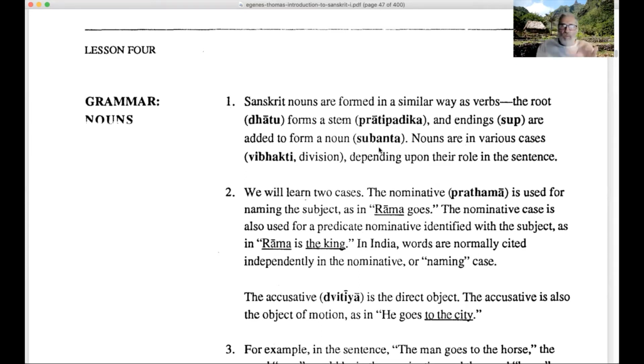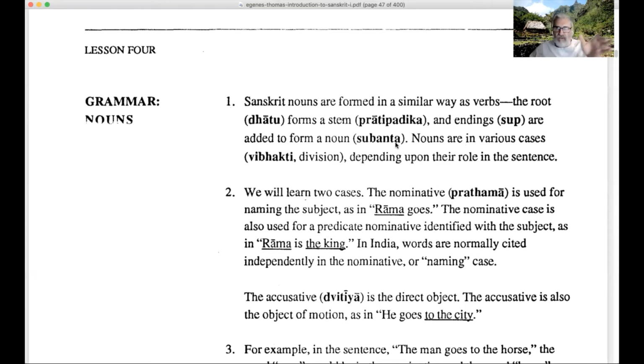So what subanta means is that any word ending with sup is a noun, because the noun endings are called sup. Any word that has a noun ending on it is a noun. That's really simple. So a fully formed noun is called a subanta. You don't have to remember all this stuff. It's not that important.